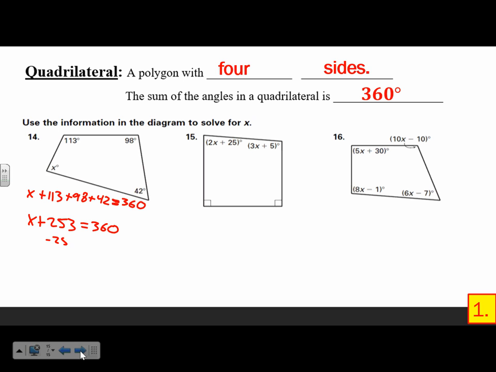Subtract your 253 from both sides. You end up getting x is 107. Now you can obviously check your work by plugging 107 in here, adding all those together to double check that you do get 360 degrees.